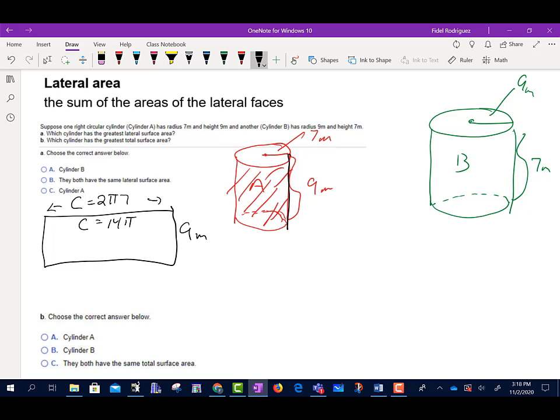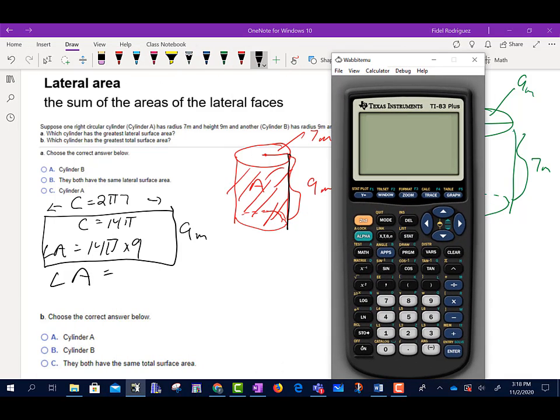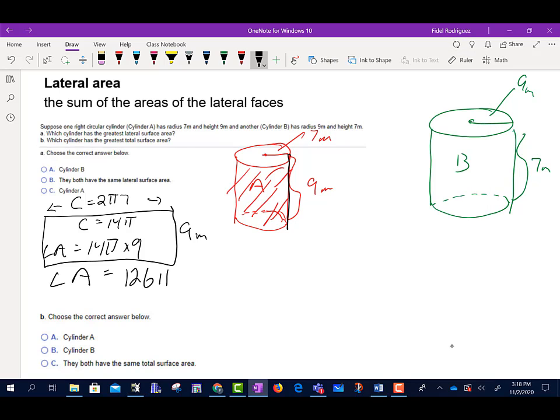Now we're going to find the area of this rectangle. This would be my lateral area. I would take 14 pi times 9, and so my lateral area, let me grab my calculator, is 126 pi meters squared.